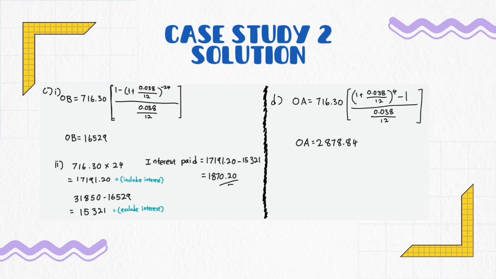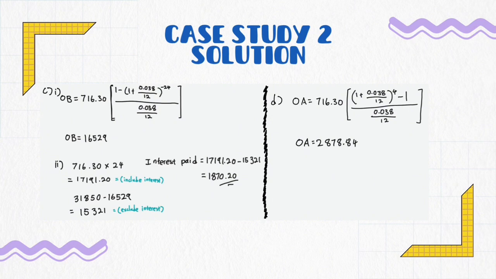And now for the second Roman question, how to calculate the interest paid. So before we calculate the interest paid, we need to calculate the total price of the monthly payment. So the equation will be 760 ringgit 30 cents times 24 months. Why 24 months? Because she already paid for the first 24 months, and the total price including interest will be 17,191 ringgit 20 cents.